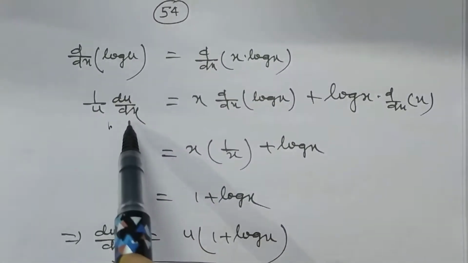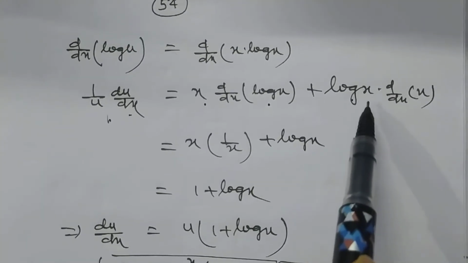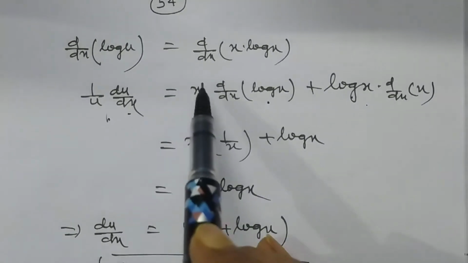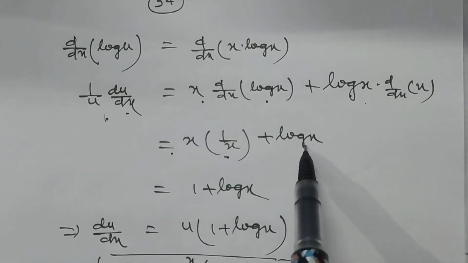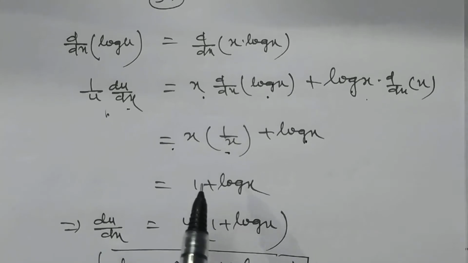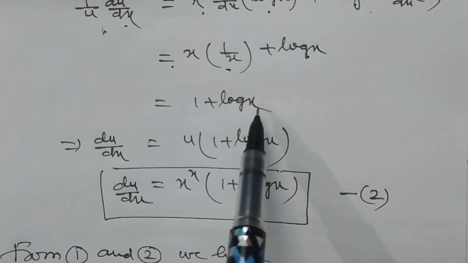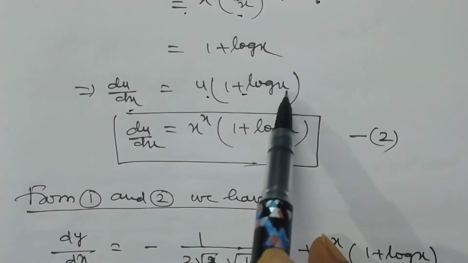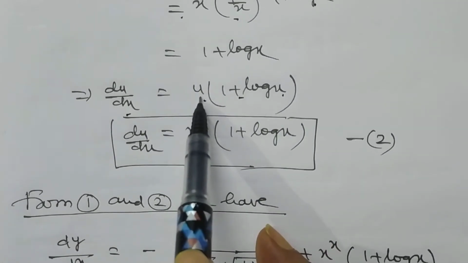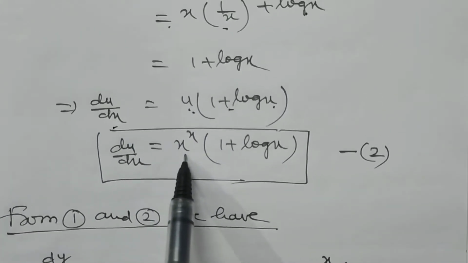That is 1 by u du by dx is equal to x d by dx of log x plus log x d by dx of x, which is x into 1 by x plus log x, so it will be 1 plus log x. And now du by dx is equal to u into (1 plus log x), so du by dx is equal to x to the power x (1 plus log x).